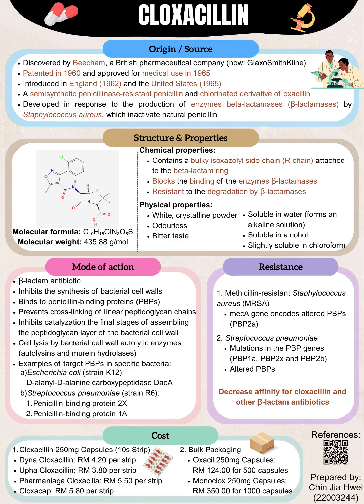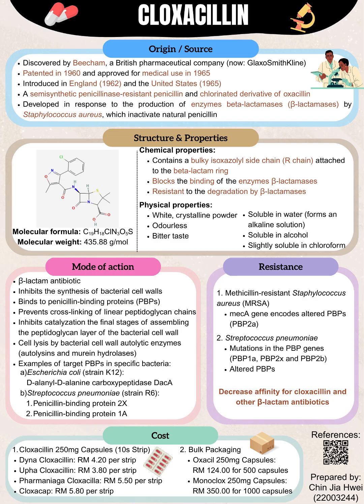Besides, Streptococcus pneumoniae develops resistance through mutations in the PBP genes such as PBP1A, PBP2X, and PBP2B, which alter the penicillin-binding protein. These mechanisms decrease the affinity for Cloxacillin and other beta-lactam antibiotics and reduce binding of Cloxacillin to the target penicillin-binding protein. Lastly, Cloxacillin is relatively inexpensive.